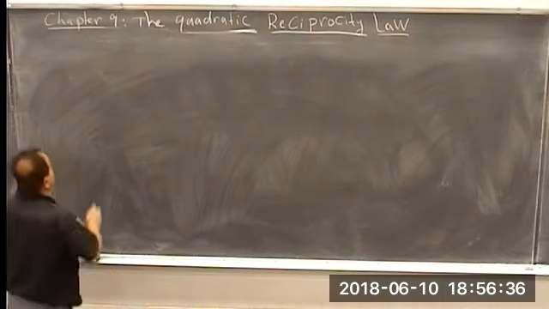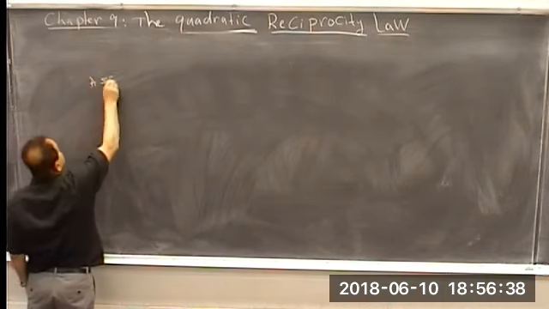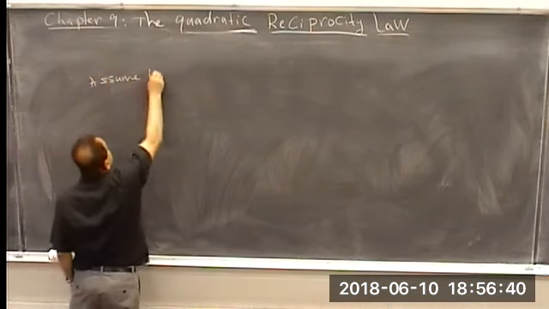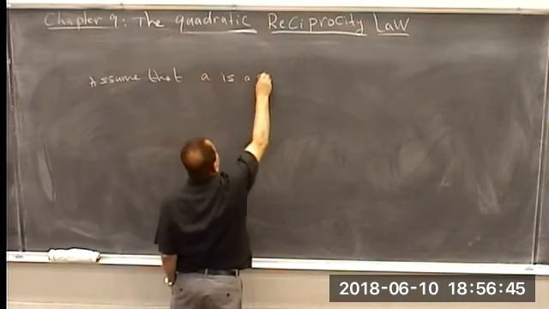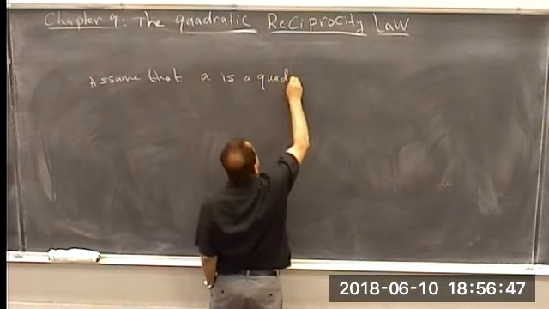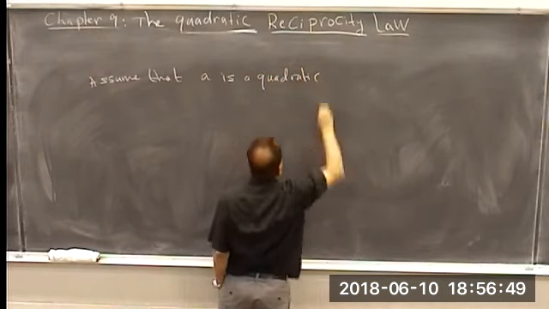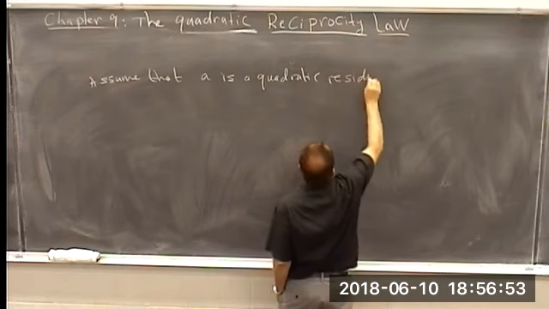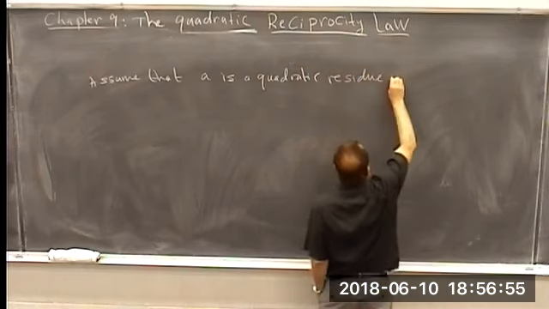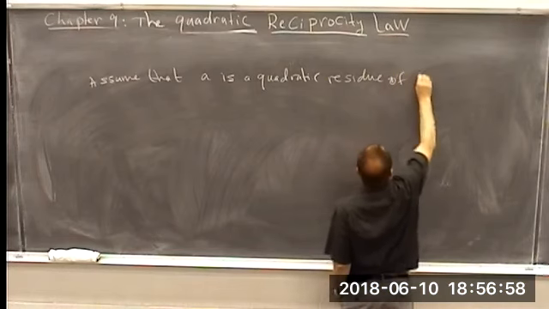So let's assume that a is a quadratic residue of p.